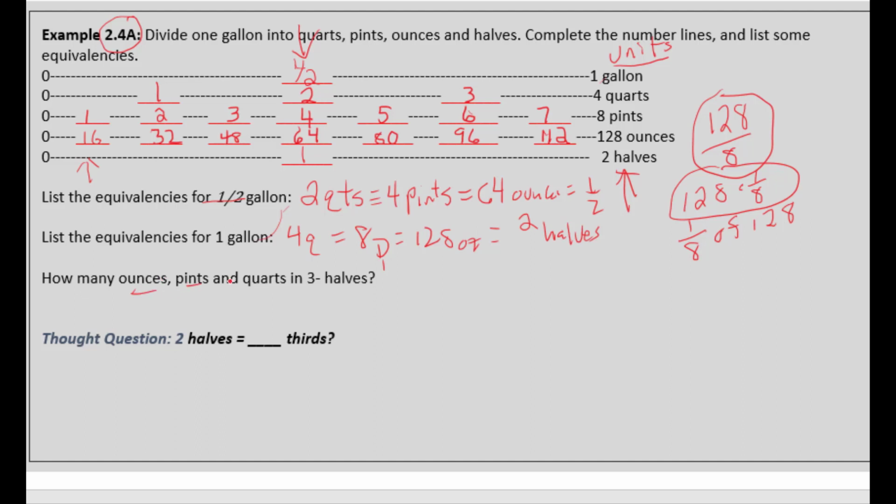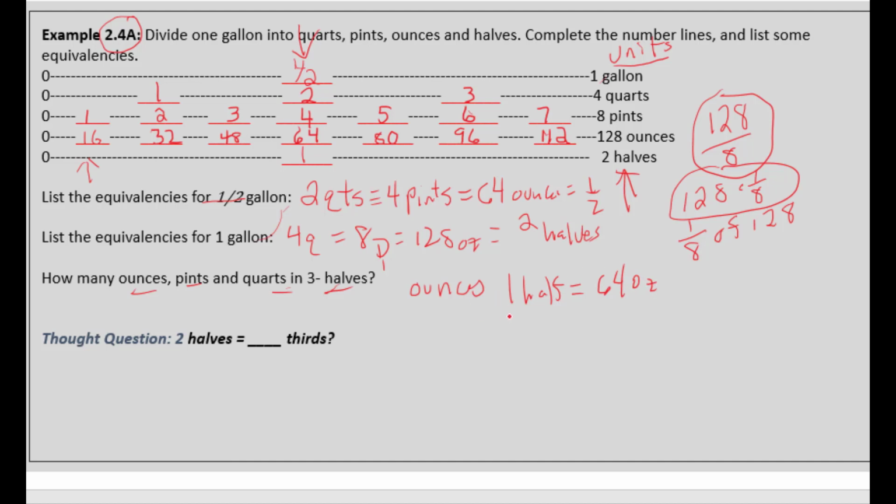How many ounces, pints, and quarts are in 3 halves? Well, let's just take it with ounces first. Here's an equivalency: 1/2 equals 64 ounces.